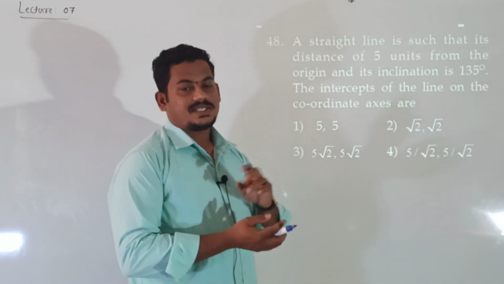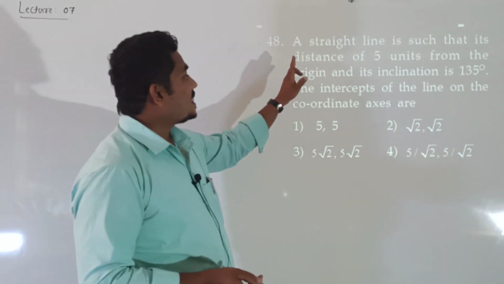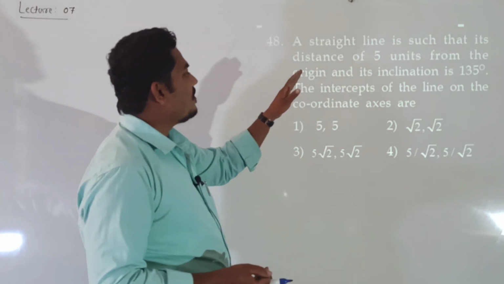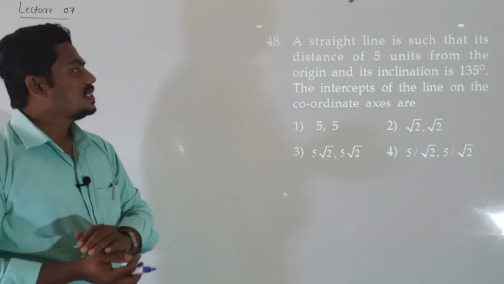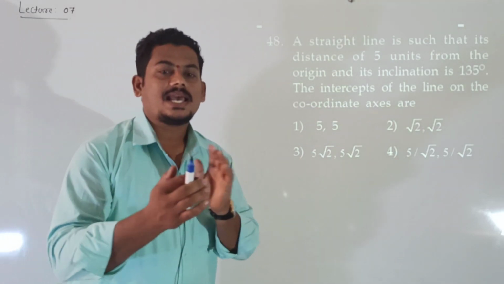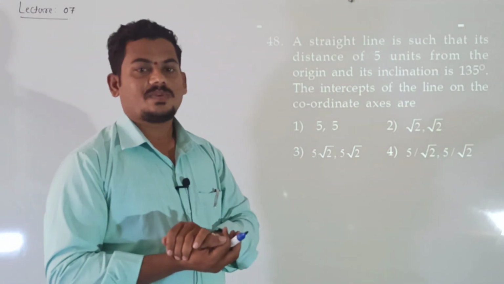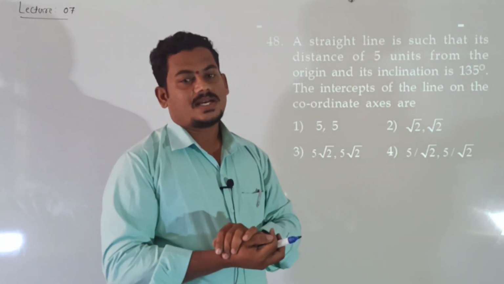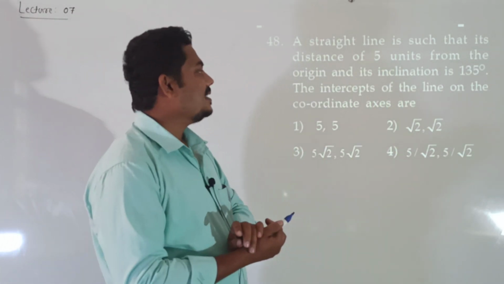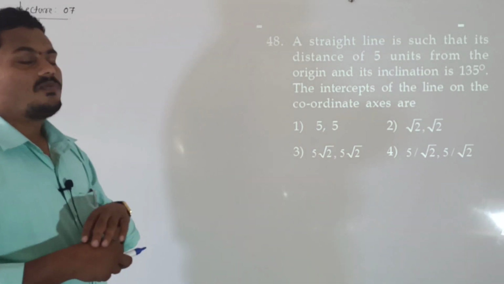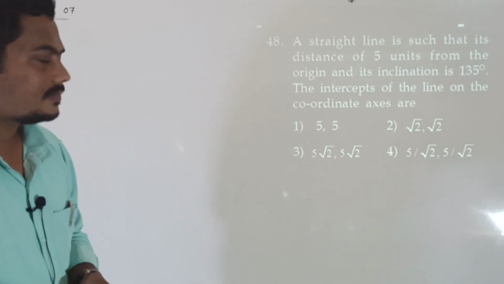Once again, read this question. The distance between the line and the origin is 5 units. It is one thing. Its inclination is 135. Our required line makes an inclination of 135 degrees. Then find the intercepts of the line.